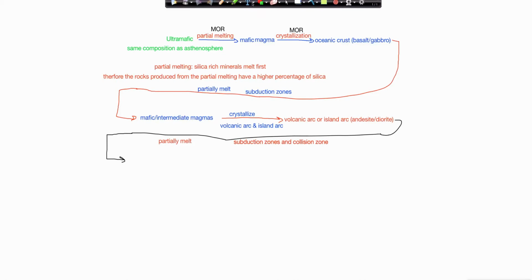You are going to produce your intermediate, depending on the rocks you're partially melting, and felsic magmas.